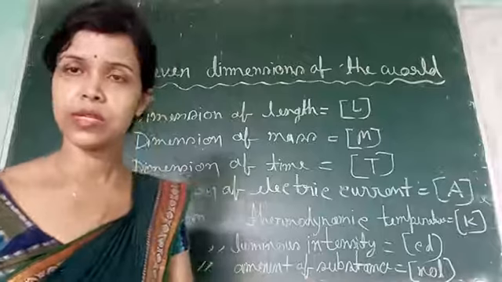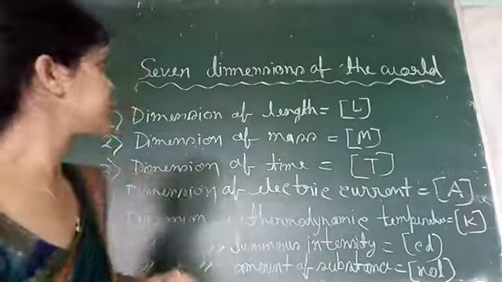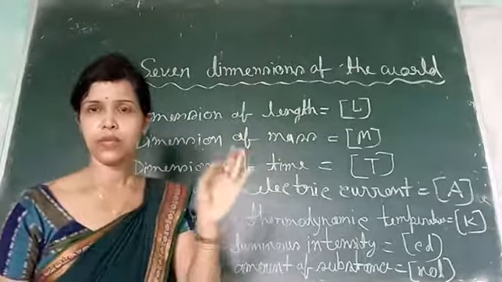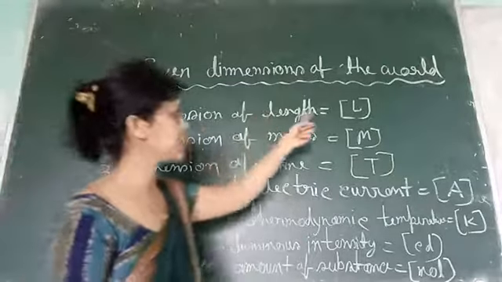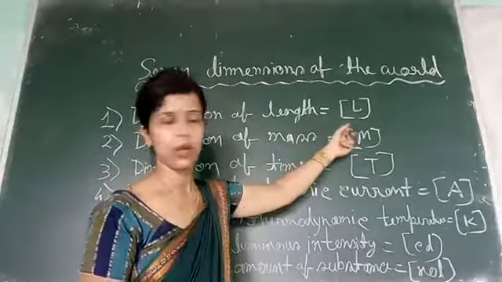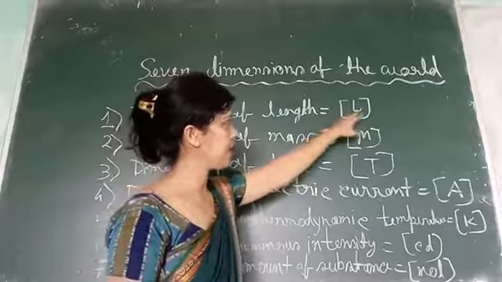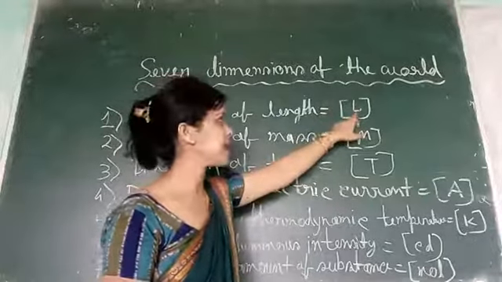There are 7 such fundamental basic quantities. The dimension of length is expressed in this way, capital L.